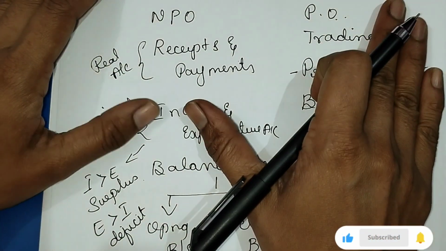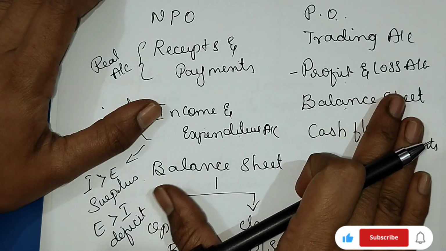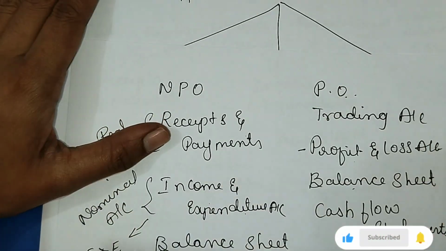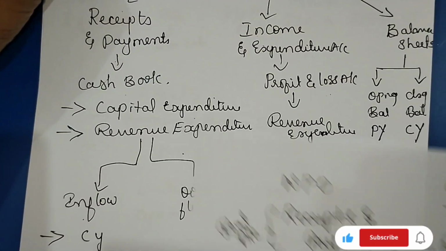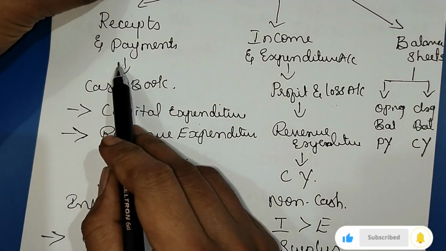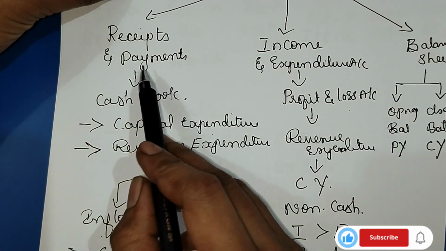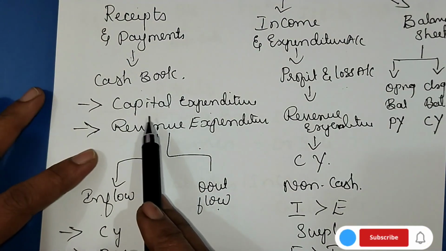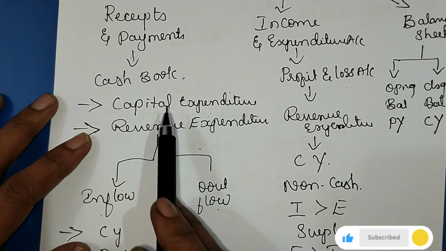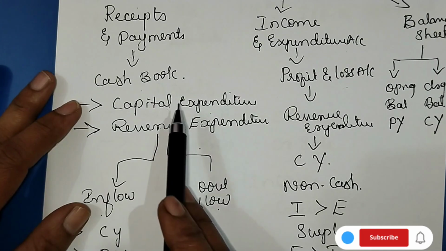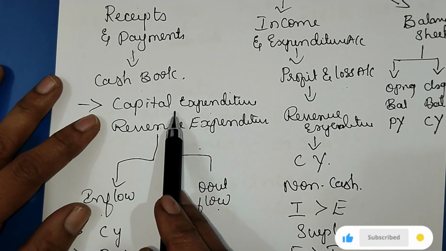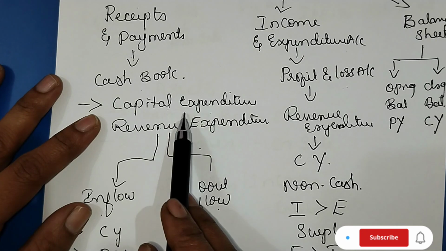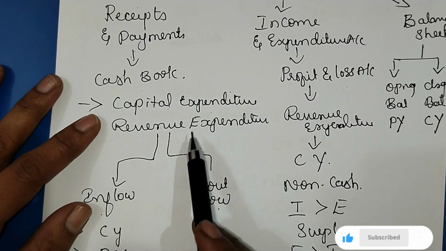Now we know which books we are preparing, and how we prepare them we will understand. Accounts to be prepared: receipts and payment account. It is similar to cash book, and here we are recording both the capital expenditure and the revenue expenditure. Capital expenditure is for long-term orientation, for long-term investment.